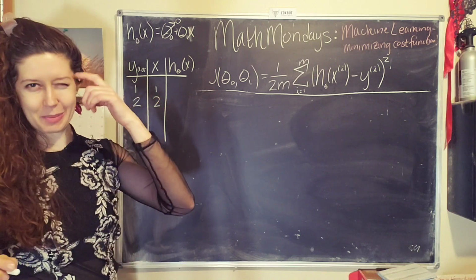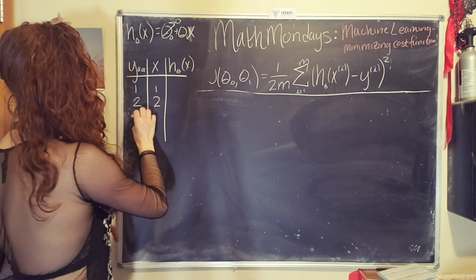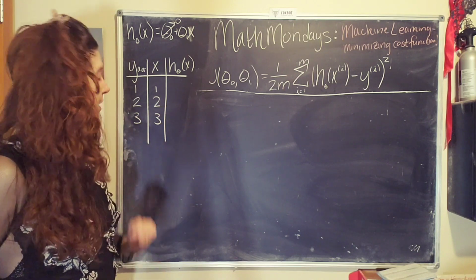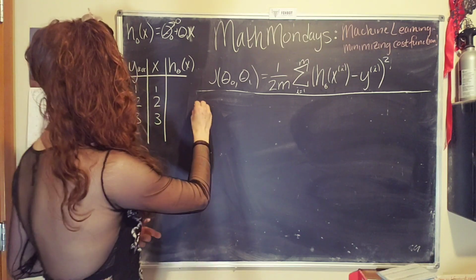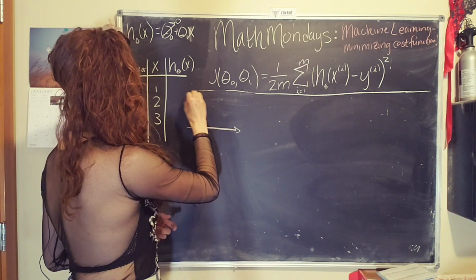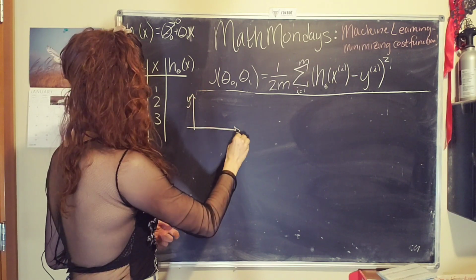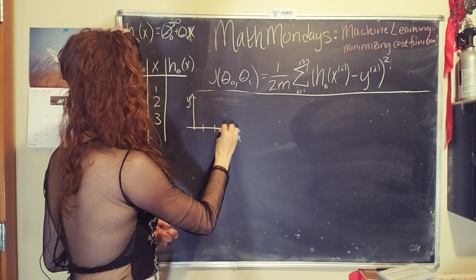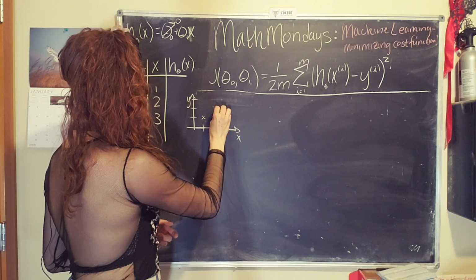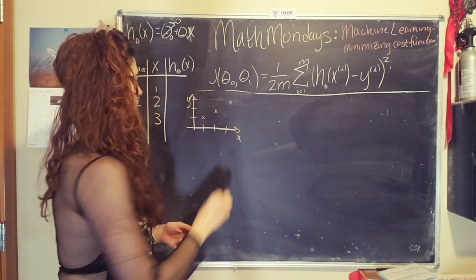And remember, it's simple for us, but it's not simple for a computer. Okay, so in this case, it may also help to draw a graph. So we have y and x, and we have 1, 2, 3, 1, 2, 3. These are our data points.